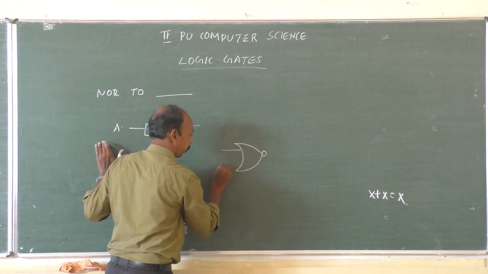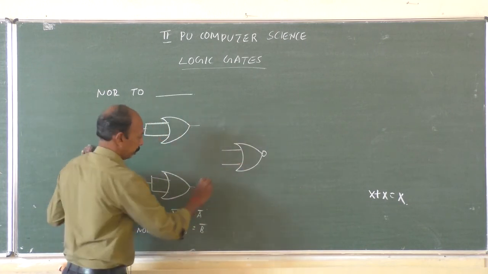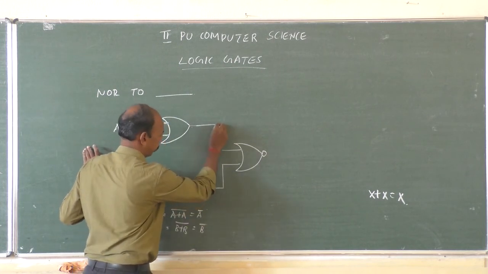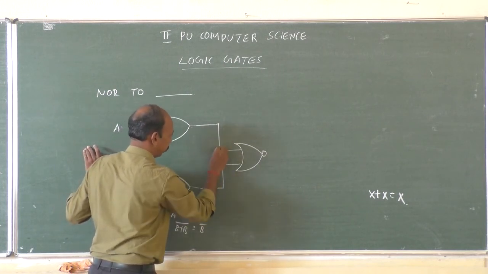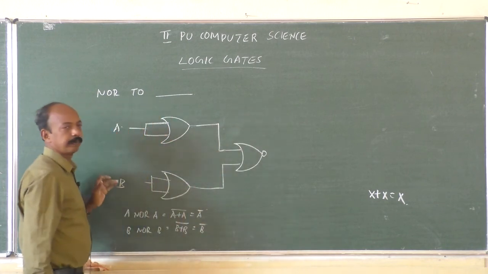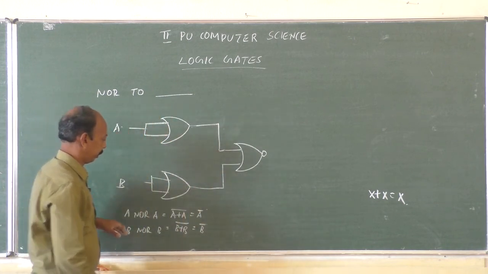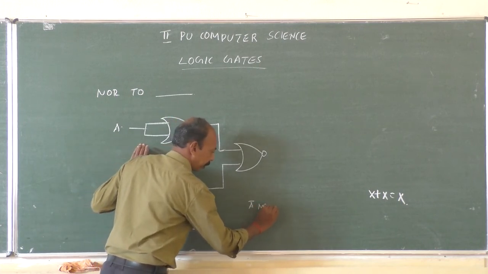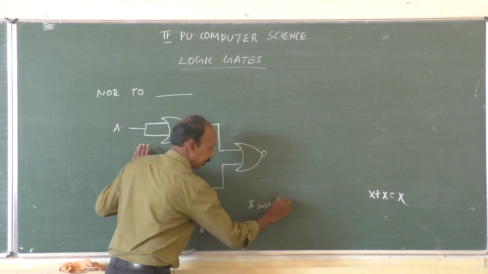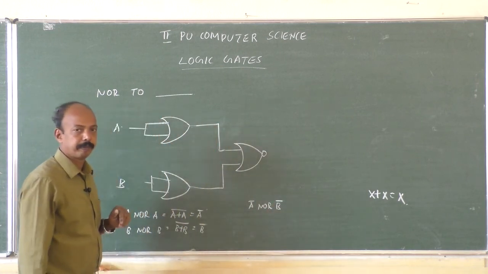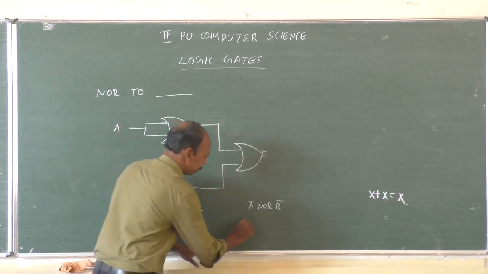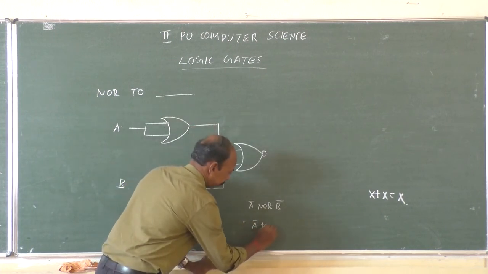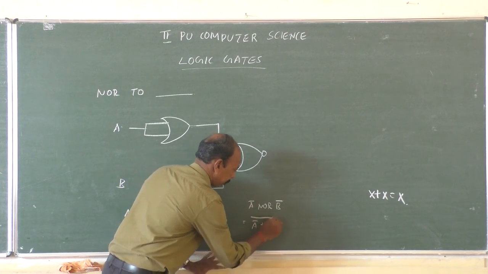Two inputs are required, minimum number. Let us feed the output of this to this one. What it will be? This is A bar NOR B bar, which could be written as A bar plus B bar whole bar.